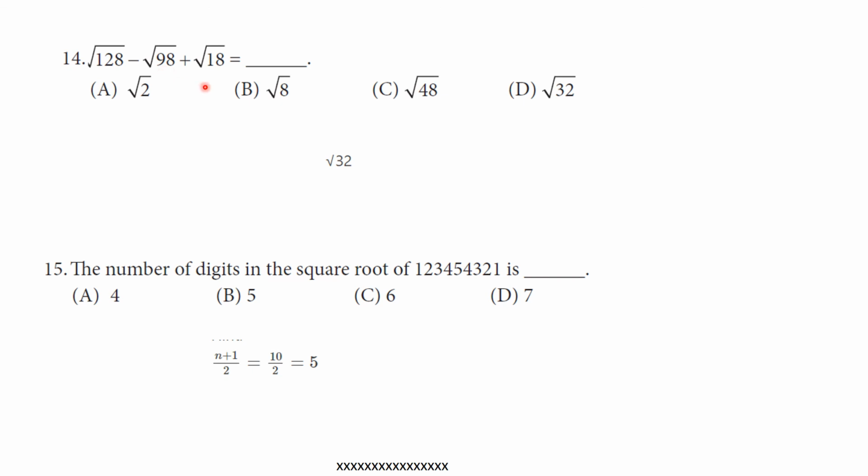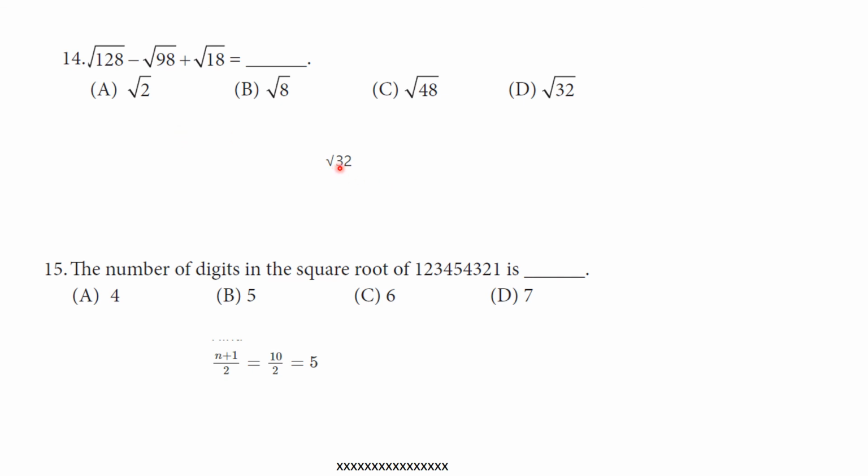And square root of 18 you write as 9 into 2. So square root of 9 is 3, 3 root 2. That is 8 root 2 minus 7 root 2 plus 3 root 2. 8 minus 7, 1. 1 root 2 plus 3 root 2, 4 root 2. 4 squared is what? 16. 16 into 2, square root of 32. So the answer is square root of 32.